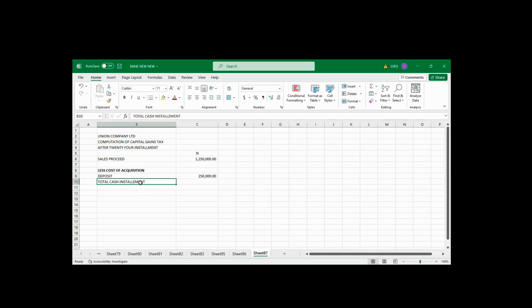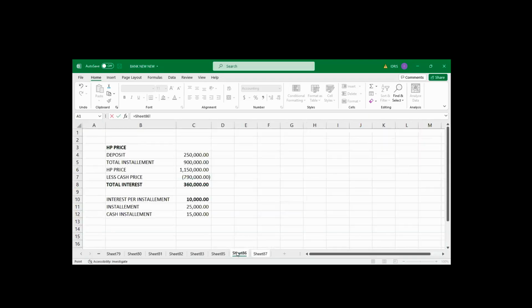They said after payment of 24 installments. How do we get total cash installments? We know how much is cash installment per month from our working. Cash installment per month, how much? 15,000.